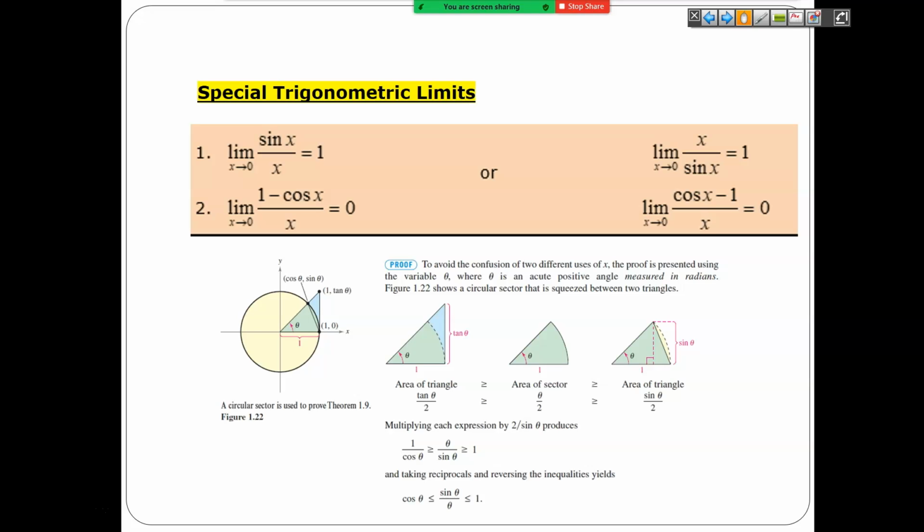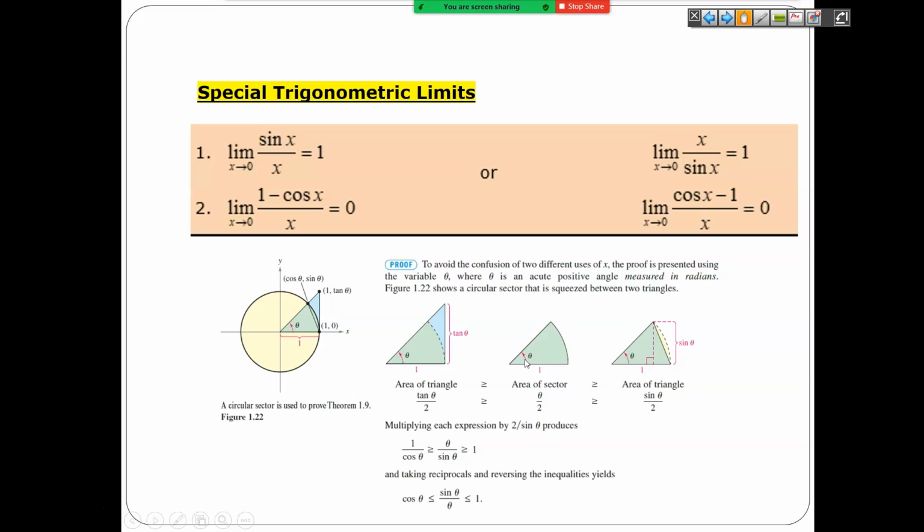So I did show you kind of geometrically in that proof down below how and why we get these values. We know the area of a triangle is 1/2 base times height, where the height is equal to the tangent and the base is equal to 1 because it's a unit circle right triangle. So that's how you get tan theta over 2.